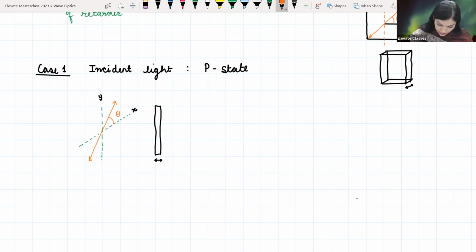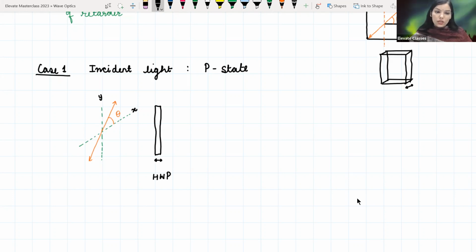So now this is my half wave plate. So what does a half wave plate do? In a half wave plate, the component of the beam which is along the x-axis, which is parallel to the optic axis, is going to move faster compared to the other component. Okay, so I will introduce a phase difference of how much? Pi, right? It's a half wave plate, so we take half of 2 pi.